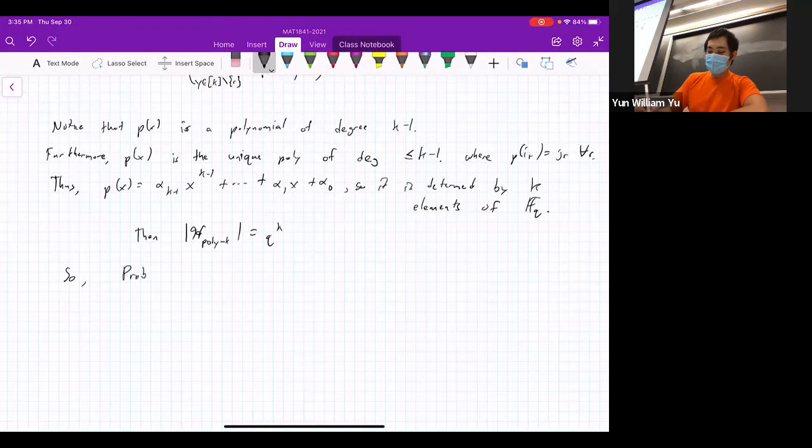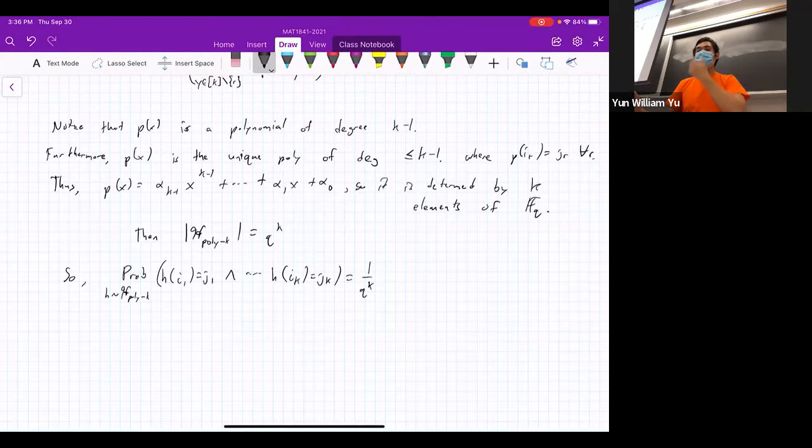Therefore, the probability that H drawn from H poly k has H of i1 equal to j1, through H of ik equal to jk is equal to 1 over q to the k, which is exactly what we're trying to prove.